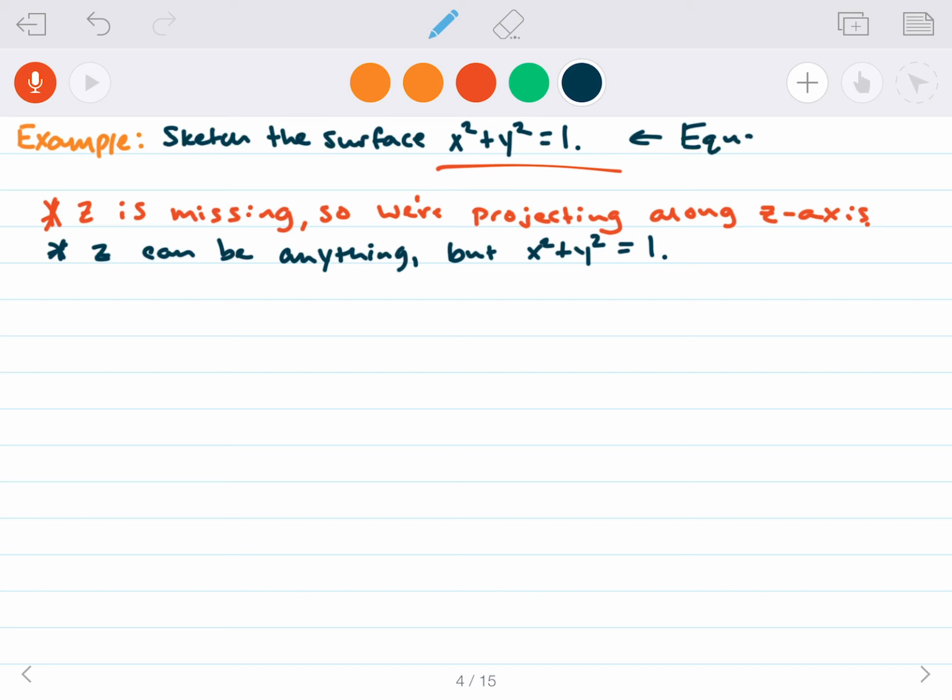So the equation of a circle with radius 1. Okay, this is the equation of a circle with radius 1. And just a basic equation of a circle centered at the origin. Maybe I'll write this down just so you guys have a refresher.